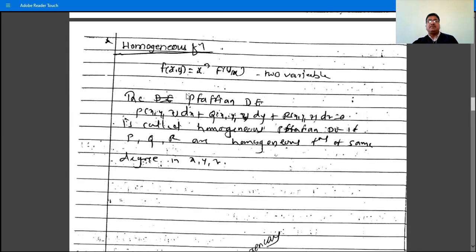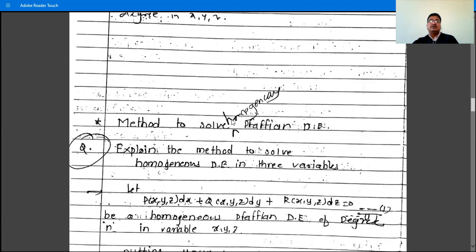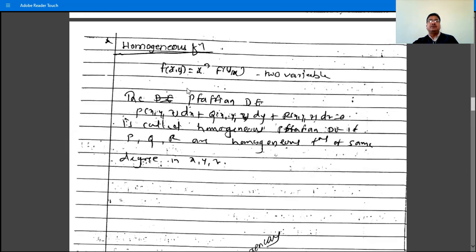And then next type is homogeneous function. Homogeneous Pfaffian differential equation. Before that, we'll see the definition of homogeneous function. A function f of x, y is called a homogeneous function if it is expressed in the form x raised to n f of y by x, function of y by x.